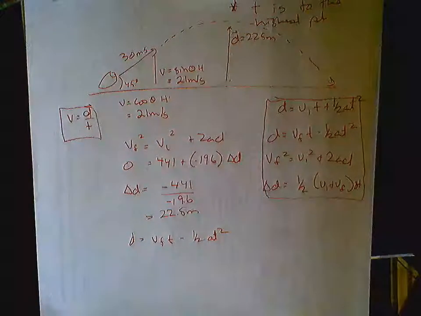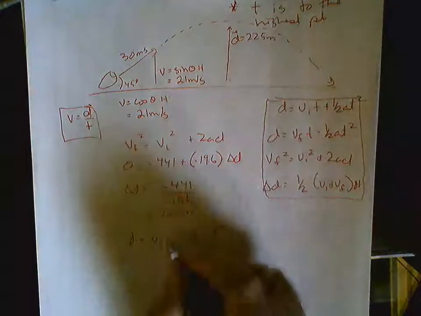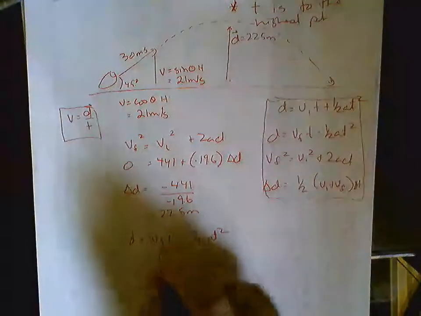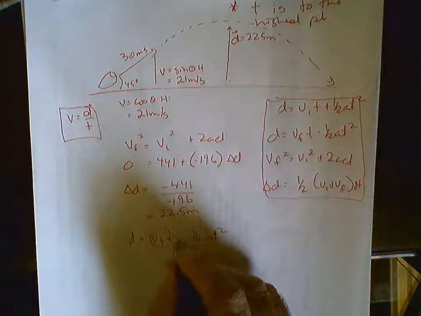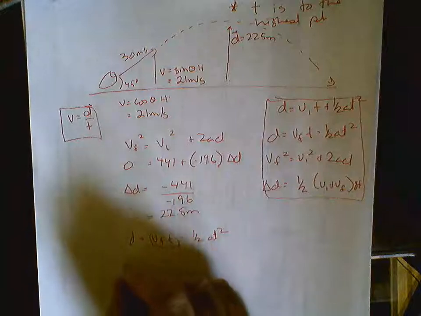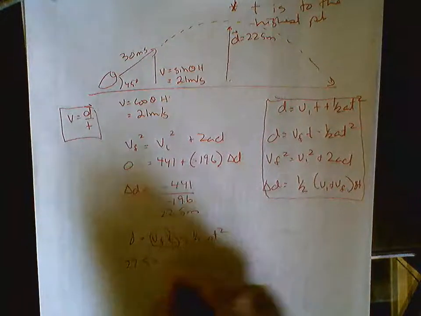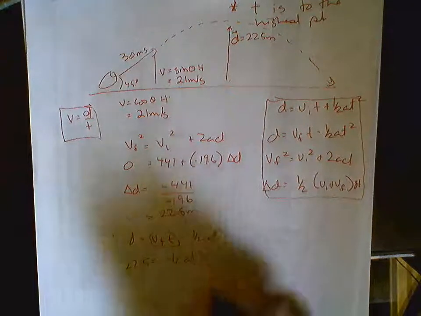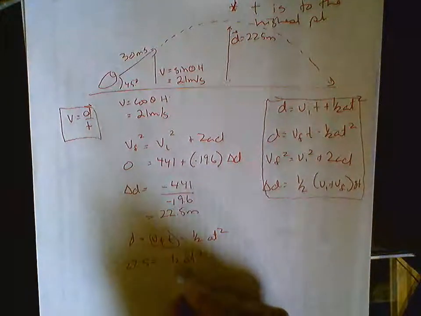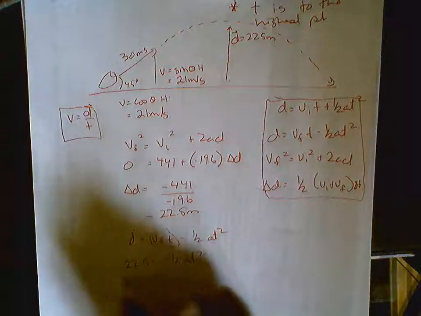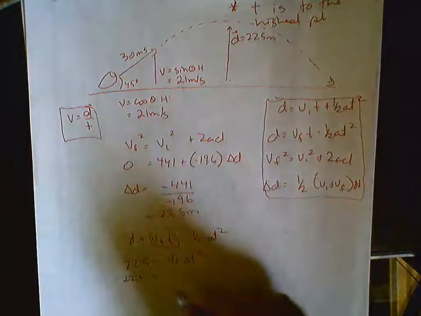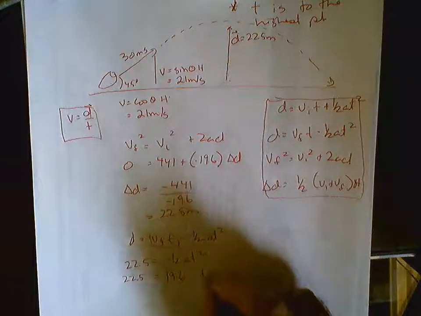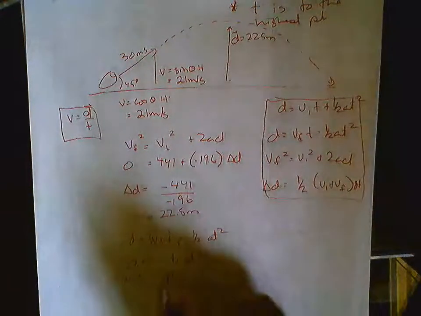The reason I'm using this formula is I know this value here is going to be 0, so I'm not working with a quadratic. Because Vf is 0, 0 times T is 0. So I've got 22.5 equals negative half AT squared. That's going to be 22.5 equals 19.6 T squared.